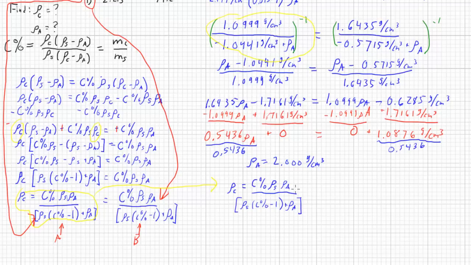So cubic centimeter over plus this 2. And going through these calculations, we can determine that the density of the crystalline form is 2.301 grams per cubic centimeter.